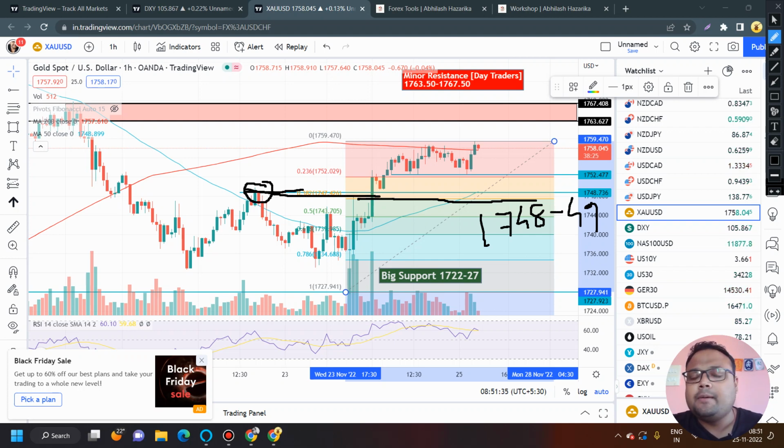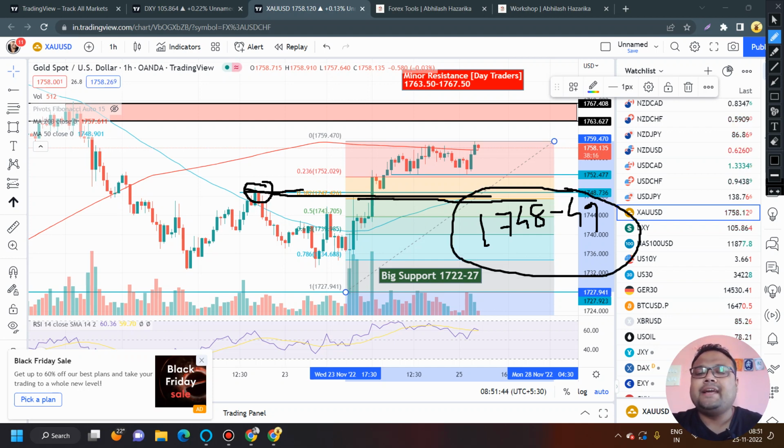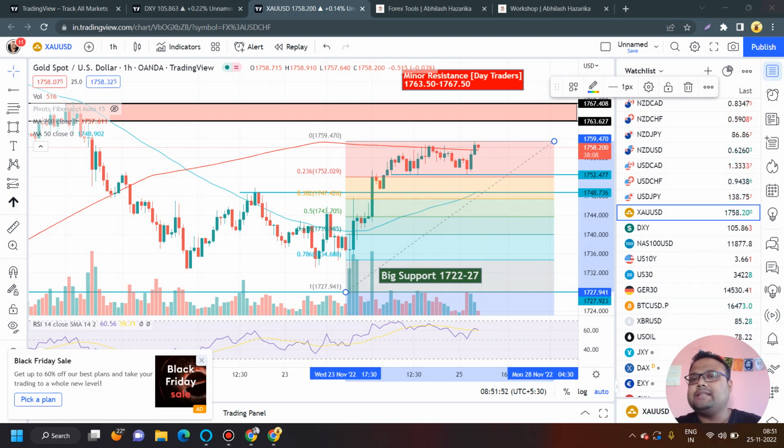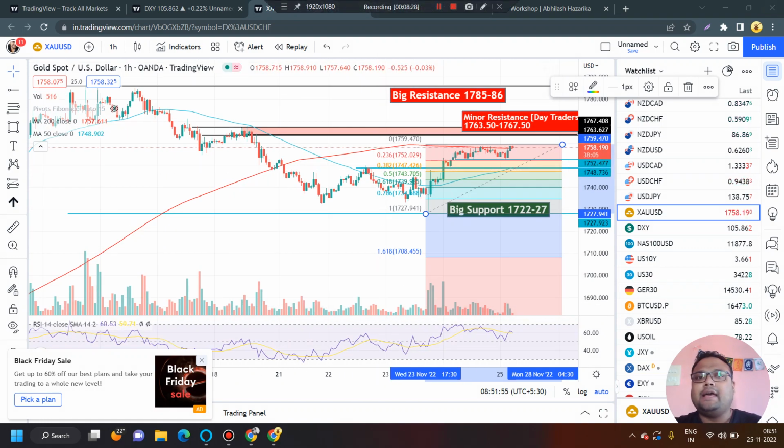So we are combining both factors here, Fibonacci plus previous resistance, to act as support. Therefore 1748.49 or 1747 also has the potential to act as a minor support for day traders. These are the only levels that I see on the market right now that have trading potential.